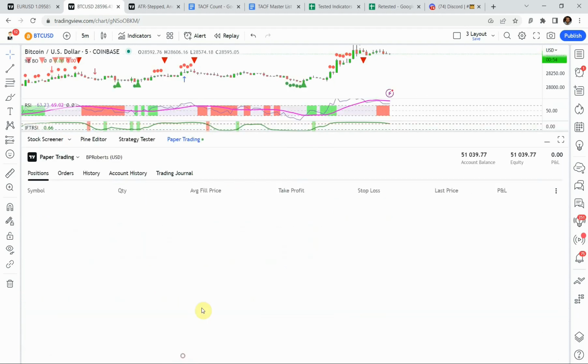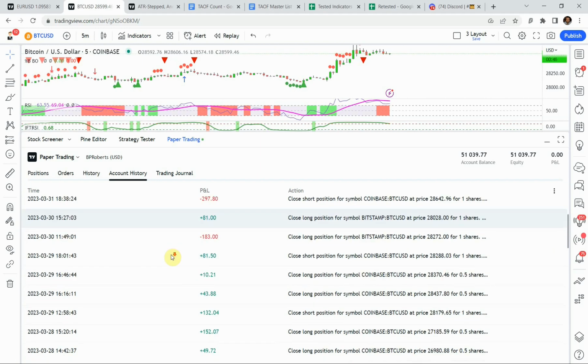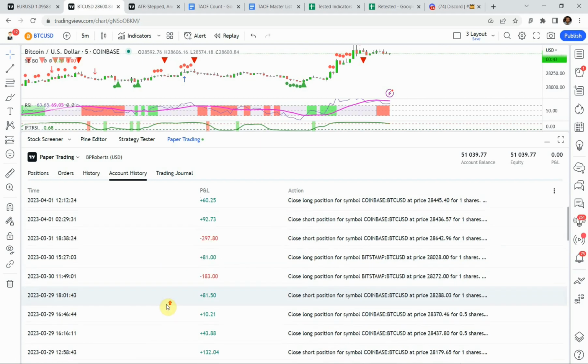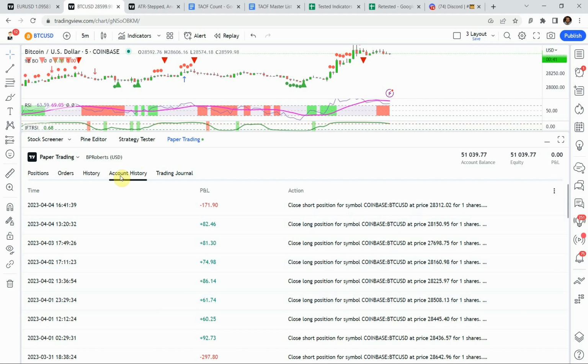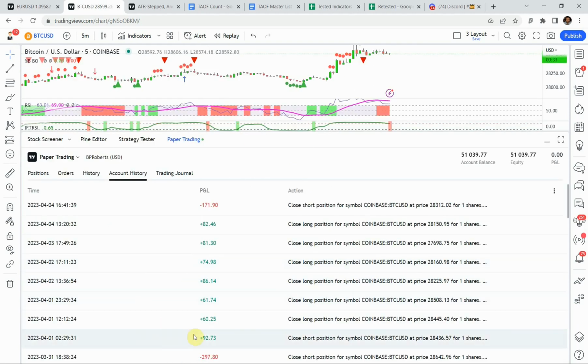You can see here, if I go into the test account that I've been trading this strategy on, that I have multiple wins in a row over and over and over. I think last time I checked, it was something around an 86% win rate. Just in the last couple of days, I've taken 1, 2, 3, 4, 5, 6, 7 winning trades in a row before I finally hit a losing trade right here on this one.